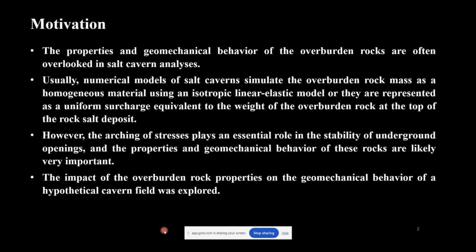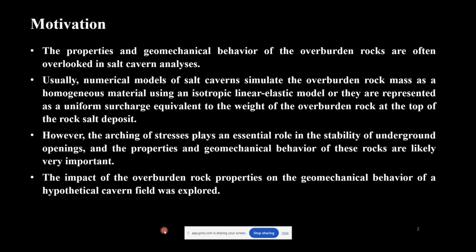The motivation for this work is that the properties and the geomechanical behavior of the overburden rocks are often overlooked in salt cavern analysis. Usually when we are studying salt cavern fields, there is a lot of effort to understand well and model as precisely as possible the behavior of the rock salt, but the properties of the overburden rocks, the rocks above the salt deposit, are often overlooked.